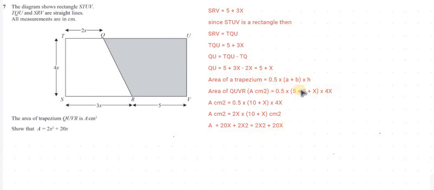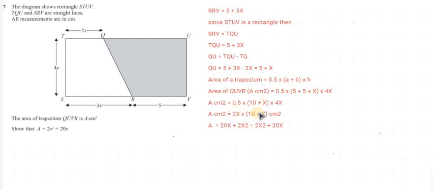So you put in those values, 5 plus x for QU, plus the bottom, times the perpendicular height, which is 4x, times 0.5, which is half. And so we add that in the bracket, that's 10 plus x. Outside, 0.5 times 4x is 2x, times 10 plus x in the bracket.